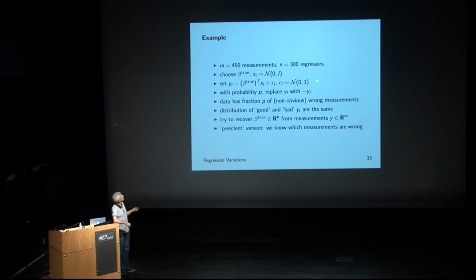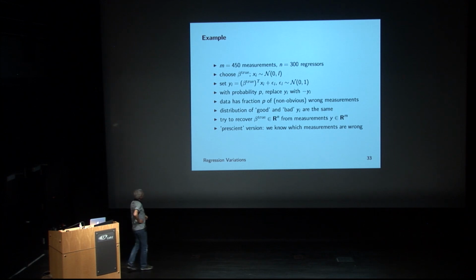If you look at this, the distribution of y is Gaussian, it's 0 mean. So it's got a certain variance. If you flip y, it's the same. It's 0 mean, same variance. So the point is that at least from a probability distribution point of view, the distribution of yi and minus yi is the same. Right? So these are exceedingly plausible measurements. They just happen to be completely wrong because the sign is reversed.